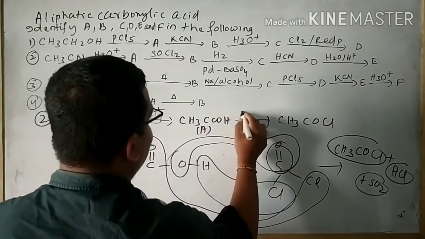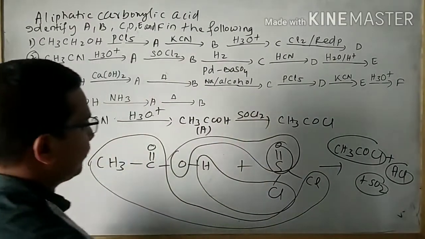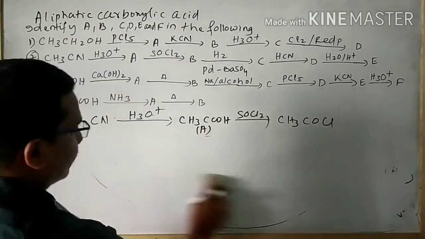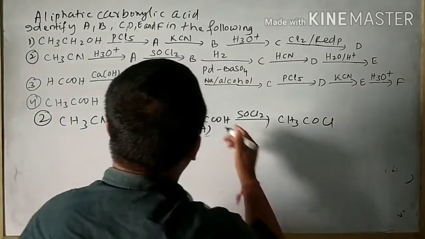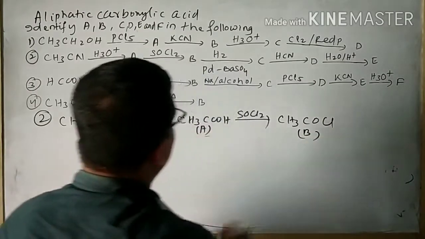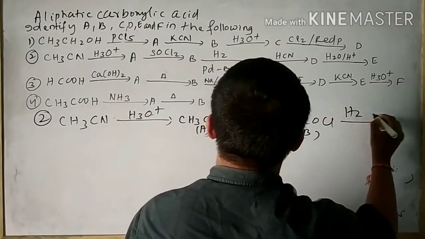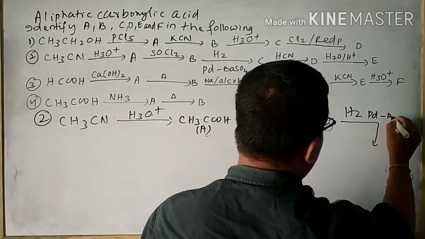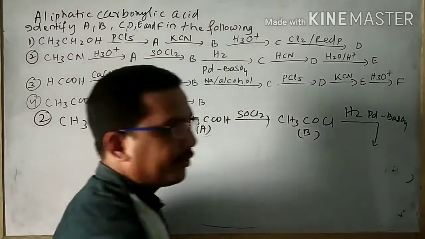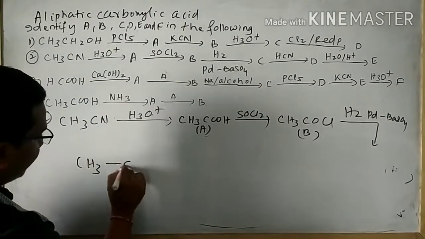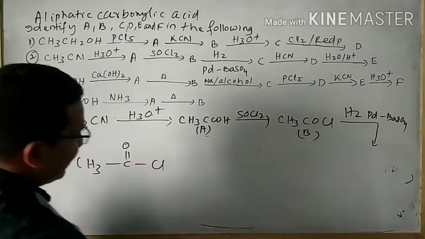So we can write the B product as CH3COCl, with SOCl2 here. This is said to be the B product. Next, the B product is subjected to reaction with H2, palladium, barium sulfate. This is said to be the Rosenmund reduction reaction. This is the structure of the acid chloride.